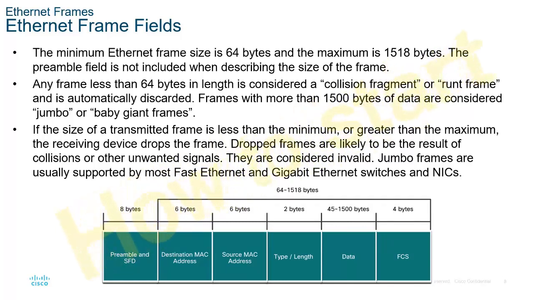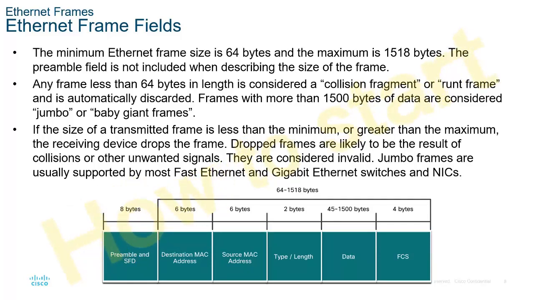The overall structure for an Ethernet frame is going to be a starting point, some type of preamble. Next will be the destination MAC address. Next will be the source MAC address. Then it will be the type and length of the overall frame. The type will actually dictate what type of layer 3 technology is being used.